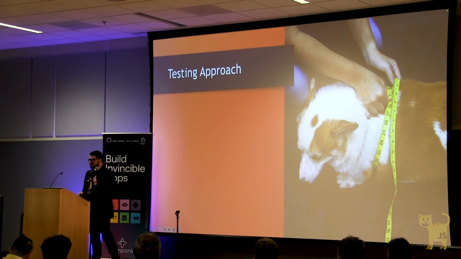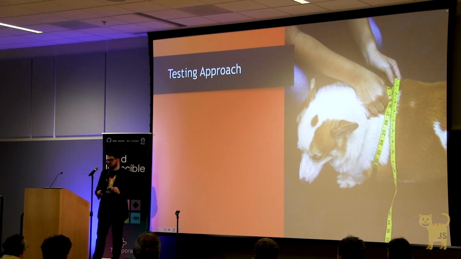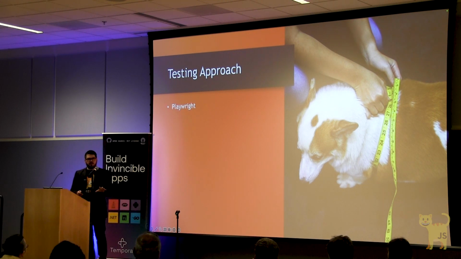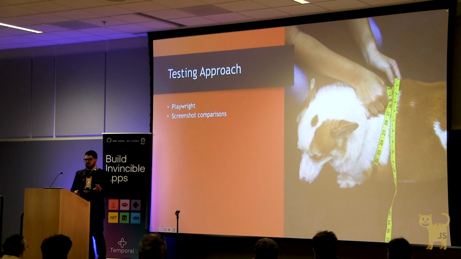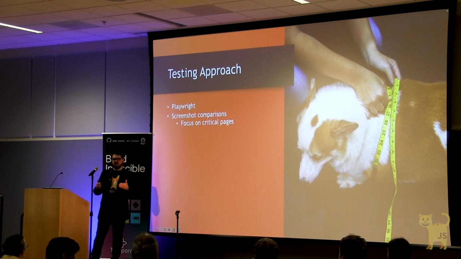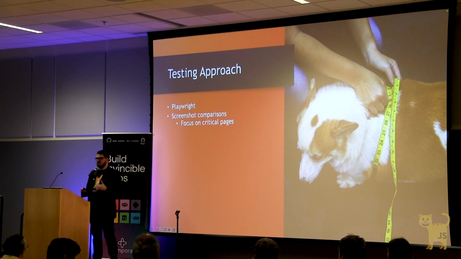It doesn't need to be exactly pixel perfect, but it needs to be pretty darn close. So I decided to use Playwright and really lean on the screenshot comparison support that Playwright has, focusing on capturing and comparing screenshots for critical pages across the site.